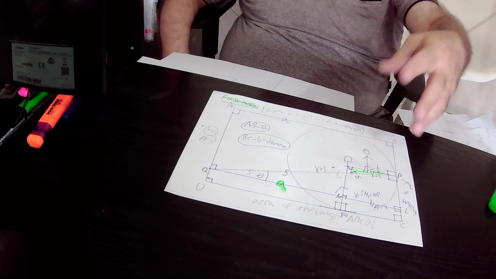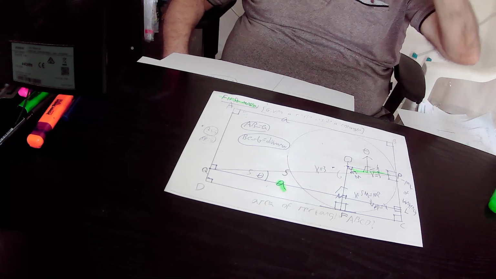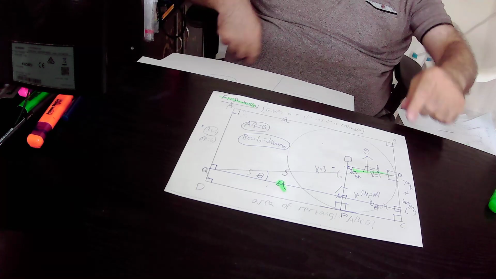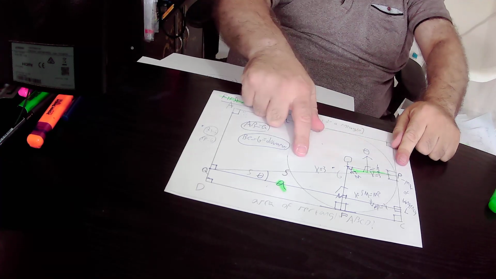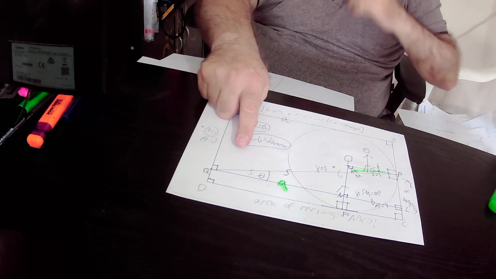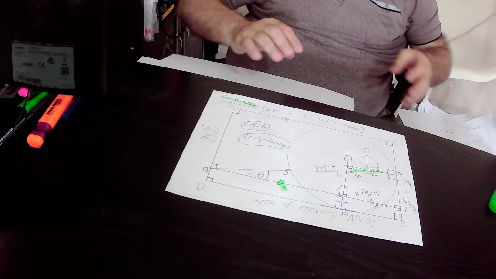Inside rectangle ABCD we have this circle that is blocked by the rectangle, and we also know that chord PS equals 6 units, line segment SB equals 5 units, and our mission is to find the area of rectangle ABCD.